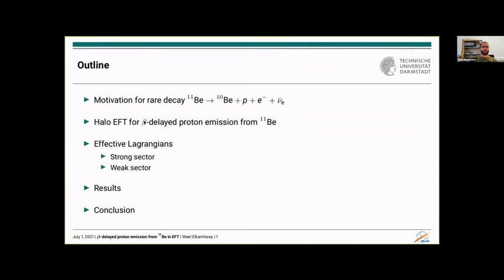We already had some nice introductions and overviews, as well as applications of halo EFT, for example, yesterday by Daniel Phillips and Chloe Hepburn, or just recently by Sofia Quaglioni. Now I'm going to present halo EFT specifically for beta-delayed proton emission from beryllium-11. Therefore, I'll show you the effective Lagrangians in the strong sector as well as in the weak sector. Then I'll show our results of this analysis and finally end up with a conclusion.